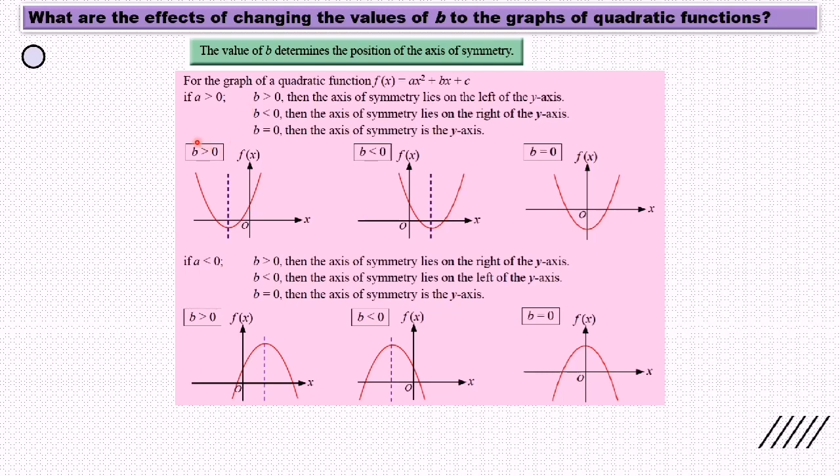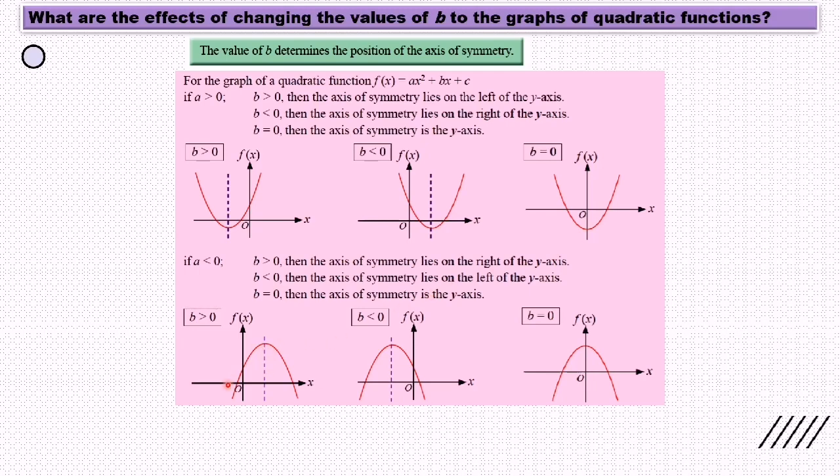When b is greater than 0, the axis of symmetry lies on the left of the y-axis. Whereas when b is less than 0, the axis of symmetry lies on the right of the y-axis. When b equals 0, the axis of symmetry is the y-axis.